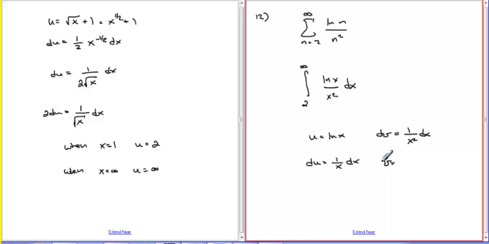And v, integrate that, well, this is the same as x to the minus 2 dx. So we add 1 to the exponent, and we divide by the new exponent. So this is negative 1 over x. And then we write out the integration by parts formula.